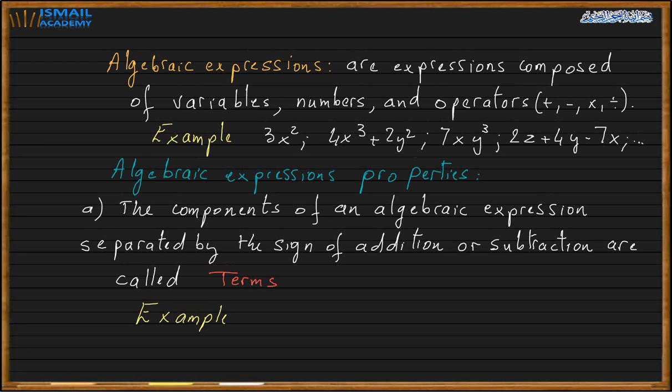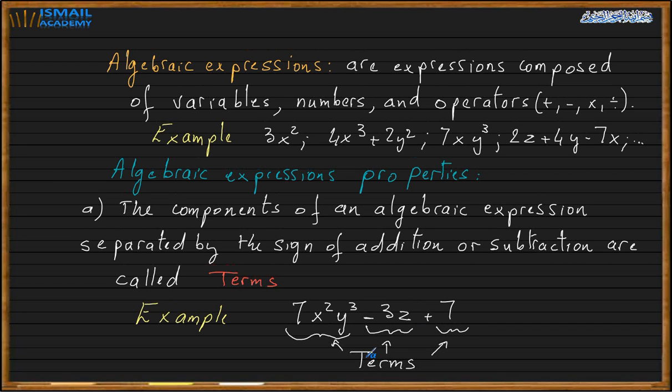If you have an expression, for example 7x cubed, this is a term. This one is a term with the sign, and this one is a term. They are separated by a sign, addition or subtraction, so we call them terms.